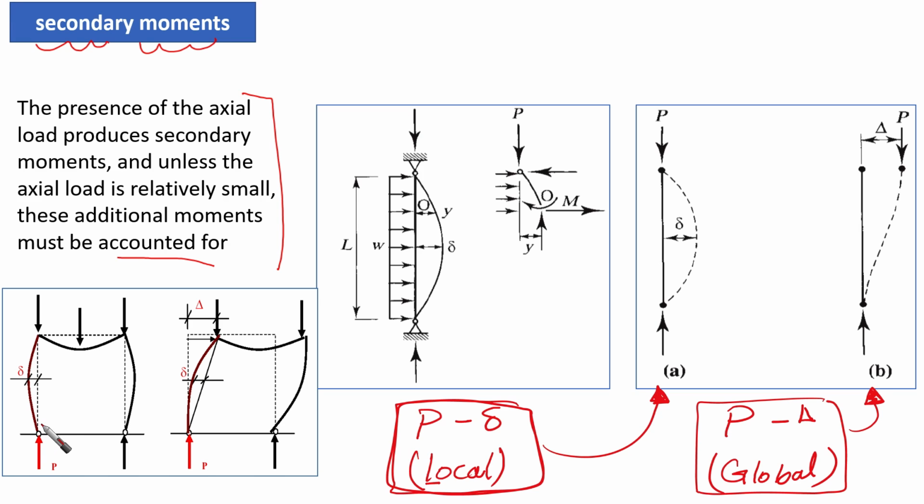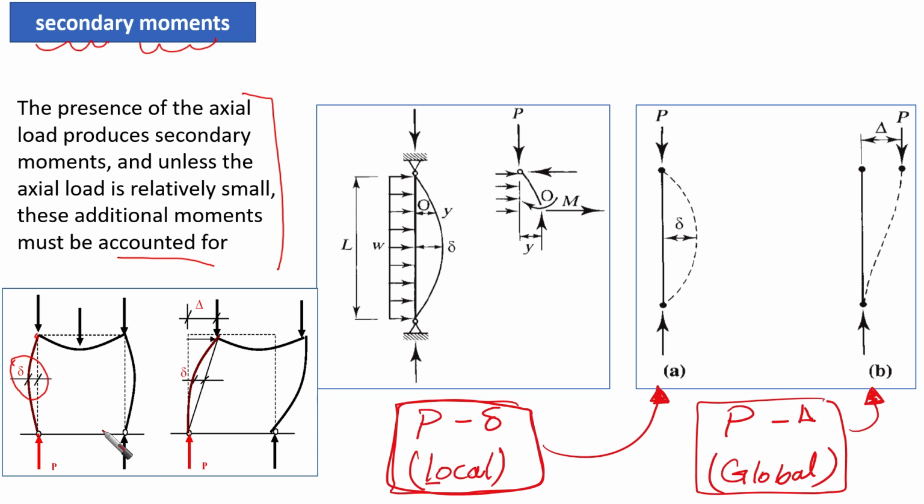But if the axial load is large, then there is a deflection that would occur even if the end conditions of the element are restrained against lateral movement.